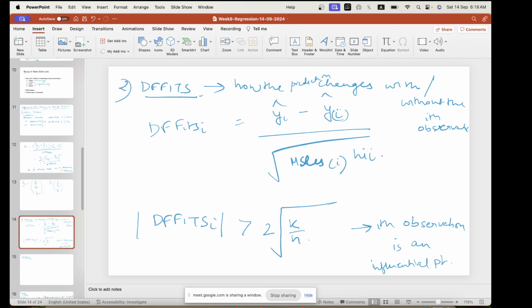Now whenever the prediction is changing, it is changing because of changes in the regression coefficients.